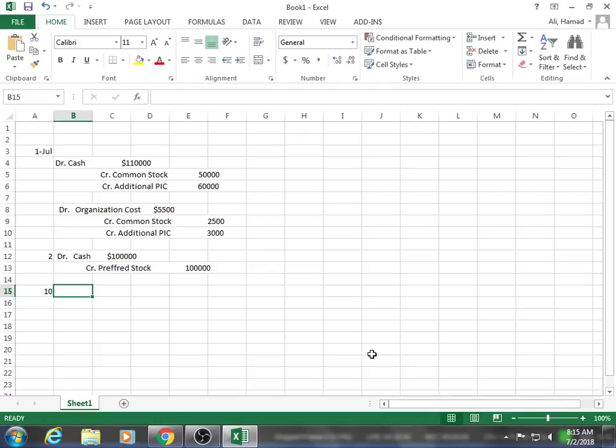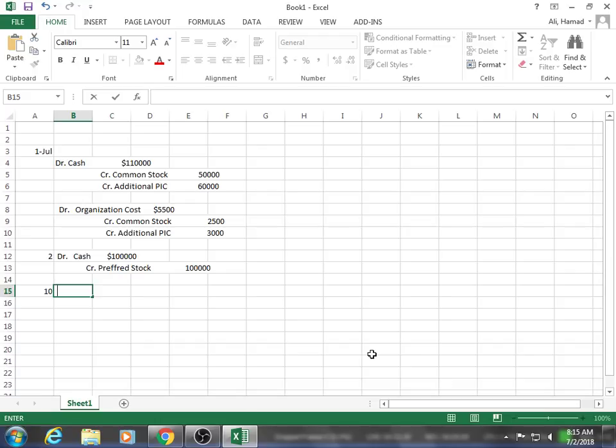Now, since management wishes to record the land at the market value of the stock, not at what it's worth, the market value of the stock was $12, correct? So 2,500 times 12 is equal to 30,000.